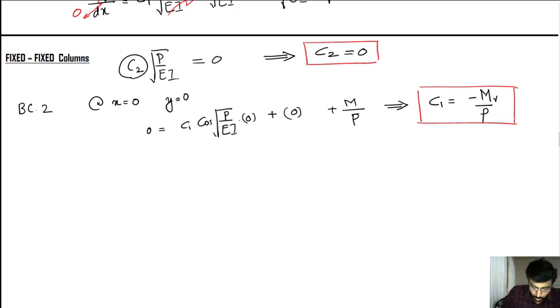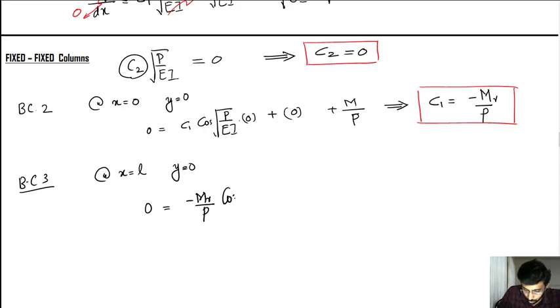Now we substitute the third boundary condition, that is, at x equal to L, y is equal to 0. This gives 0 is equal to c1, whose value is minus mr by p, into cos of root of p by EI into L, plus 0, plus m by p.